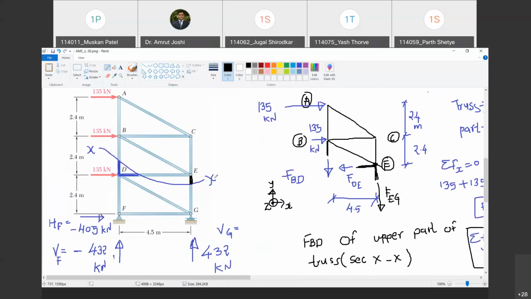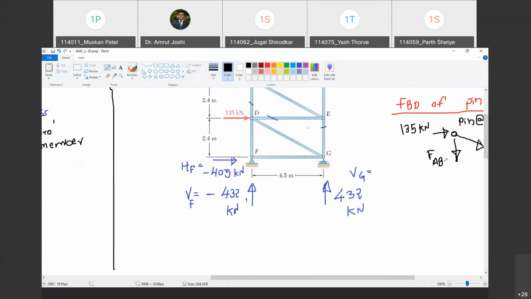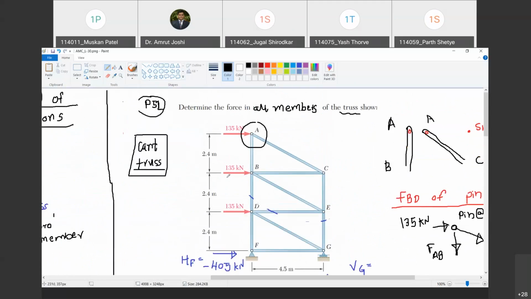Do you agree with me? Yes, sir. So don't worry about this 135 or these reactions. We are drawing the free body diagram of the upper part of the truss above section XX. Similarly, here, as you are drawing only the free body diagram of the pin at A, you will not be concerned about what happens at B. You will be only concerned about what is getting connected at A. Are you with me? Yes, sir.